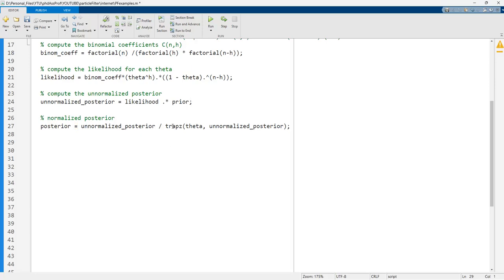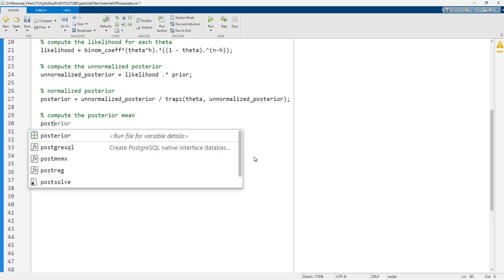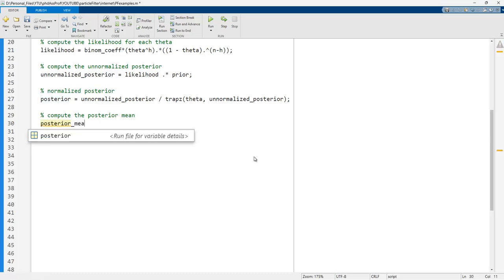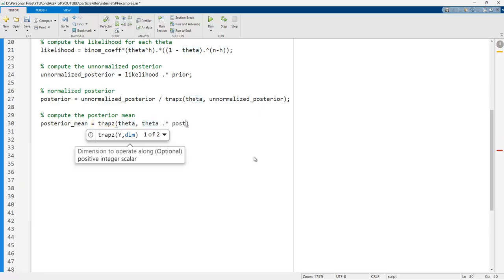This is a specific function to calculate the posterior information, which comes from our MATLAB notes, or the PowerPoint notes. After that we need to compute the posterior mean, such as the posterior mean value, trapz of theta dot star posterior.